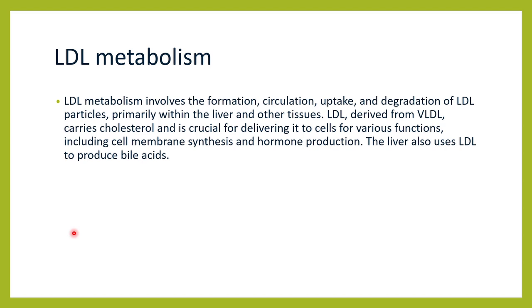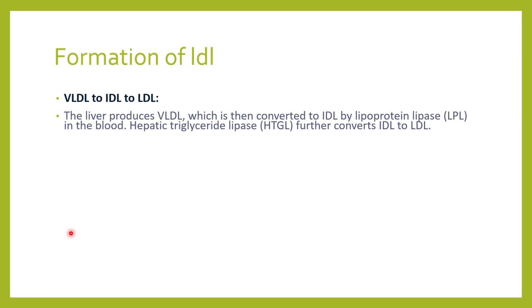So for the uptake of the extra LDL substances and to degrade them also, the liver plays an important role. The liver is the main organ which produces VLDL, very low density lipoprotein. This VLDL gets converted into intermediate density lipoprotein, and this intermediate density lipoprotein gets converted into low density lipoprotein.